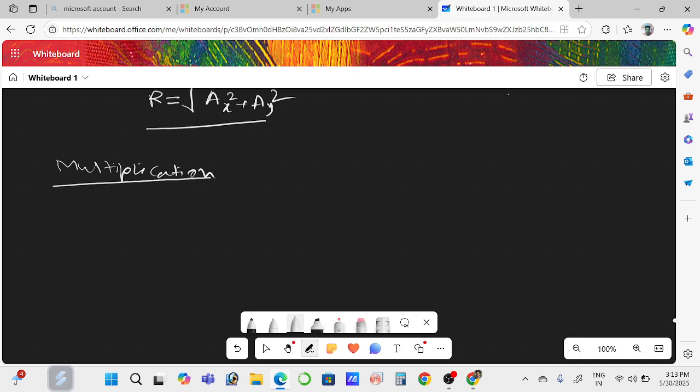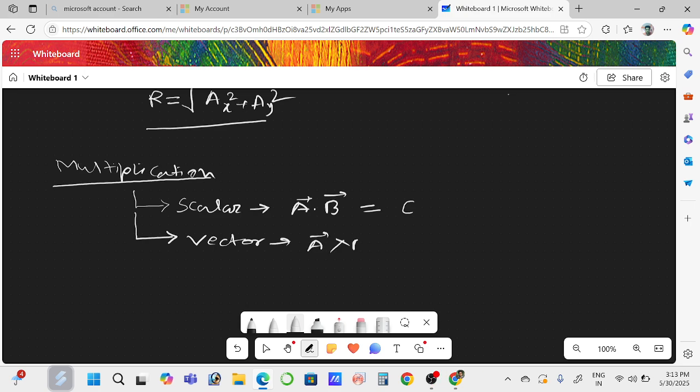Now there are two types of multiplication. One is called scalar multiplication. What is scalar multiplication? Here, two vectors when multiplied give you a scalar. This is one type of product. Another is vector multiplication. In this type of multiplication, two vectors when multiplied together give you a third vector.